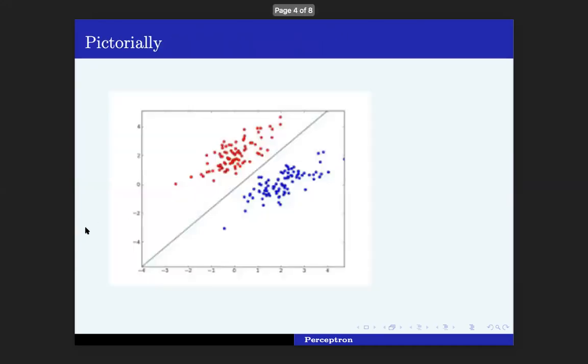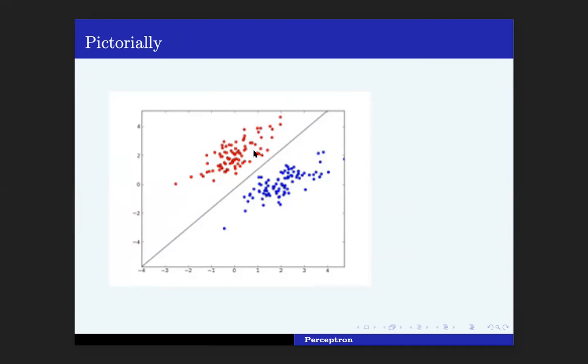So it says that there is a small band of leeway between the red points and blue points. The best classifier doesn't pass through any of the points.